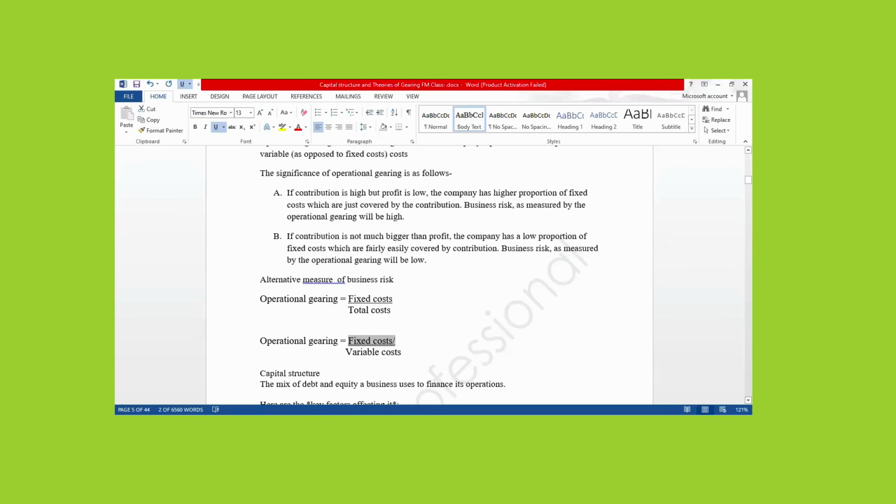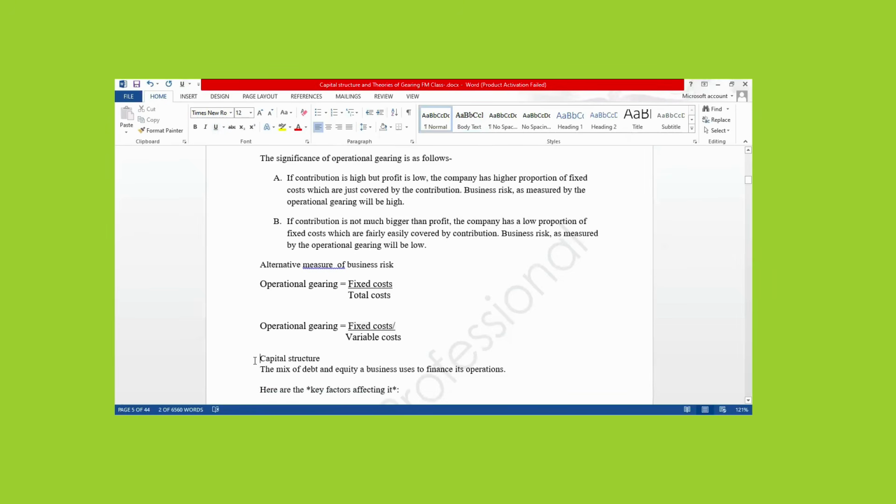Factors affecting capital structure. What are the factors that can determine the choice of a company's capital structure?